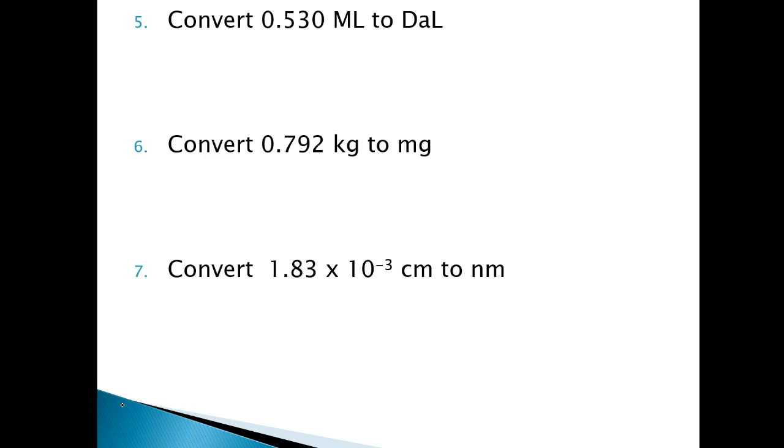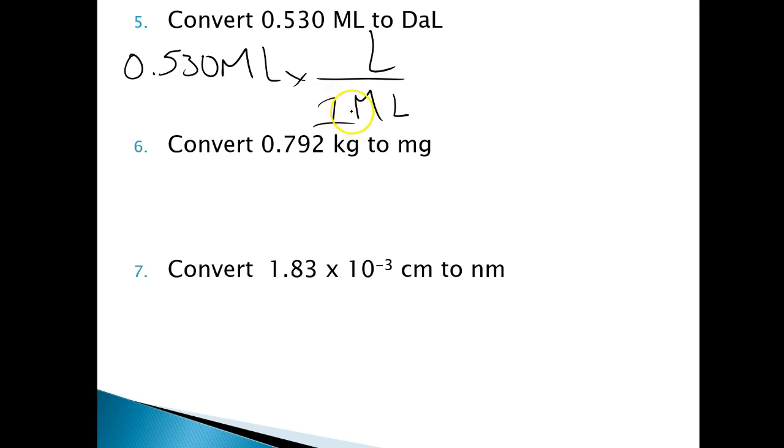Okay, so now 0.530 capital M, and make sure it looks like a capital M. So megaliters, megaliters on the bottom, liters on top. Put a 1 where you see 2 letters, and then mega is e to the 6th. Megaliters cancels out. And now you're going to put liters on the bottom, 1, and then decaliter.